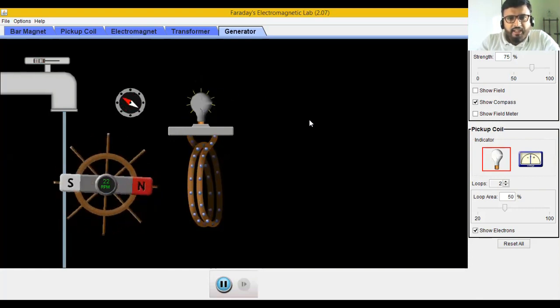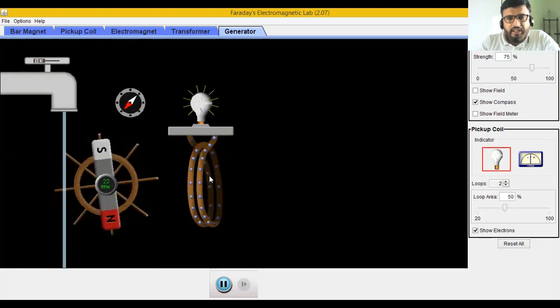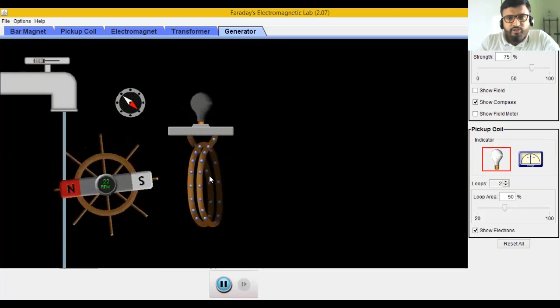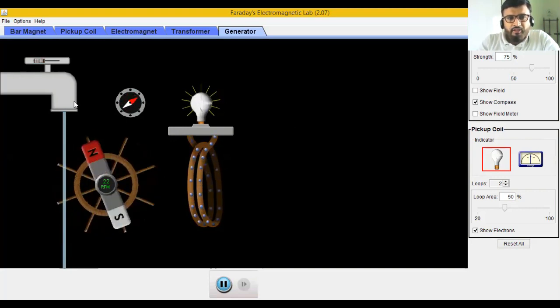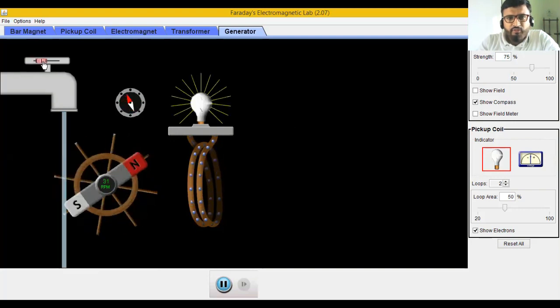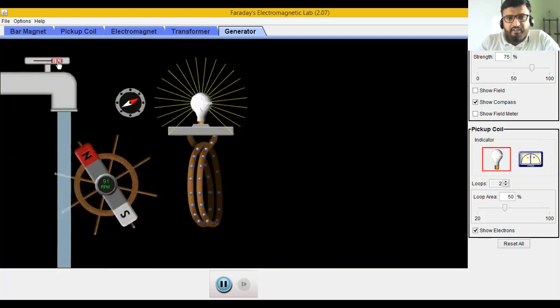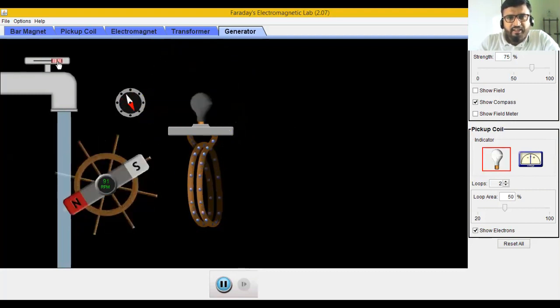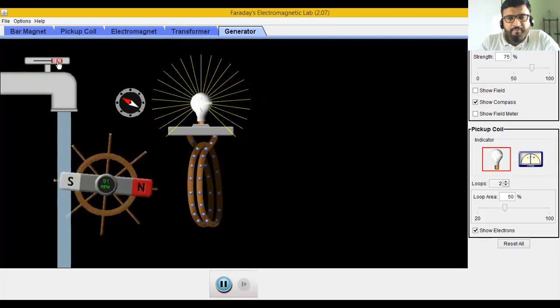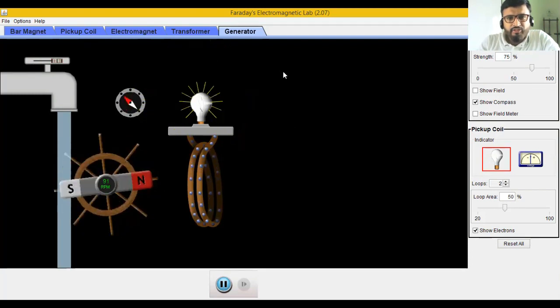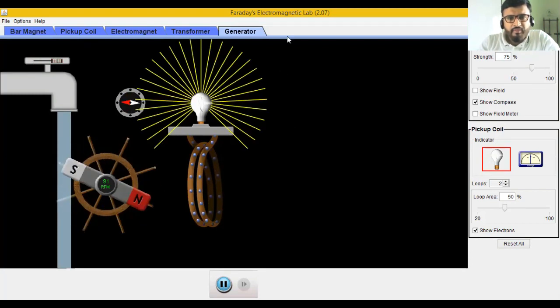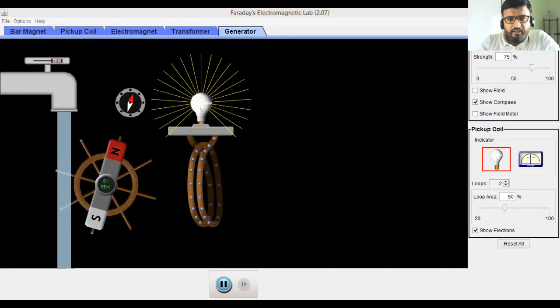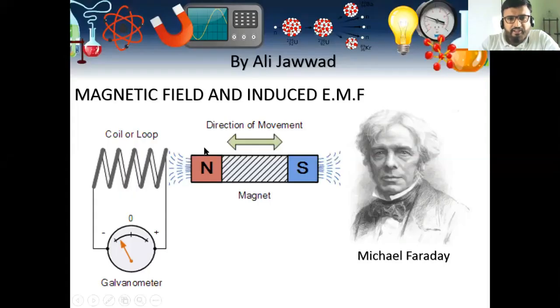And when the magnetic field changes through the coil, EMF is induced according to Faraday's law. So as the speed of the coil increases, the speed of the changing magnetic field increases, and that produces EMF. Based on this principle, alternating current is produced.